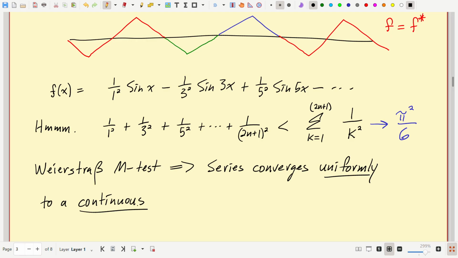So that's a part of the conclusion of the Weierstrass M-test. When continuous functions converge uniformly, the limit has to be continuous. Today, we know pointwise it's f of x. So now we know that that function is f of x.